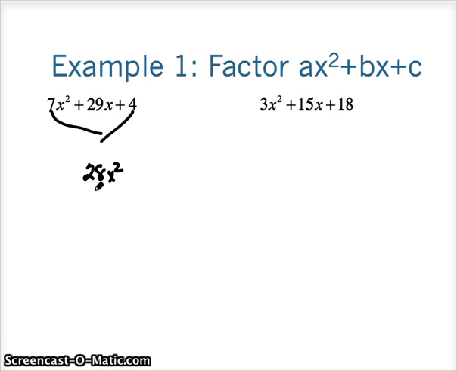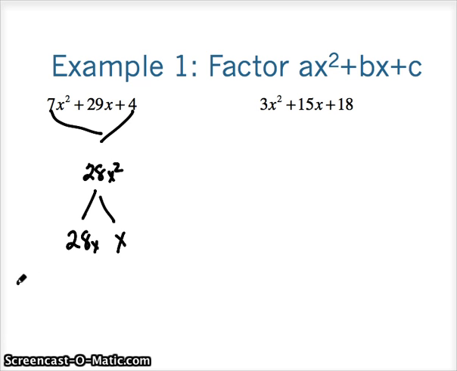I know that sounds odd, but after I multiply the complete A term and the complete C term, I will get this value, and then I'm going to look for two numbers that multiply to give me this 28x squared, but add up to give me 29. And I hope you guys recognize it's got to be 28x and x, okay? Because 28x and x will give me 29x if I add them up, right?